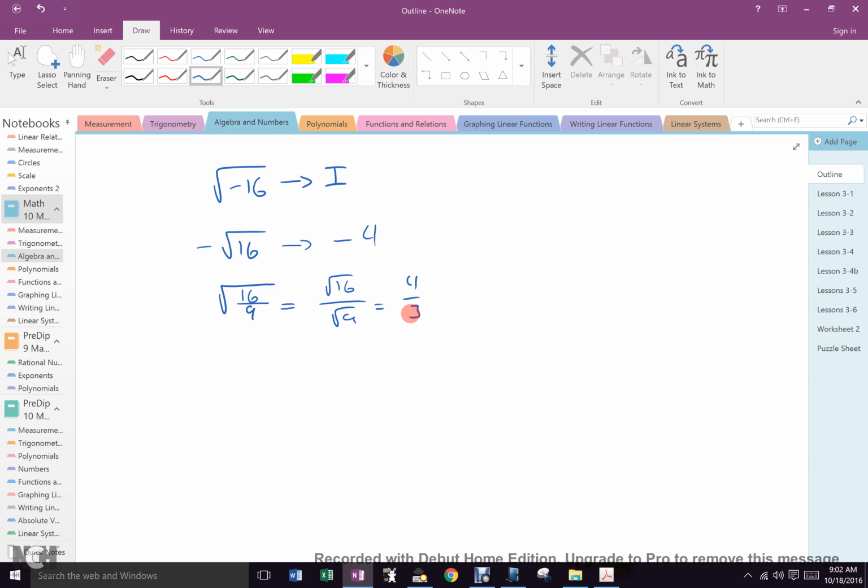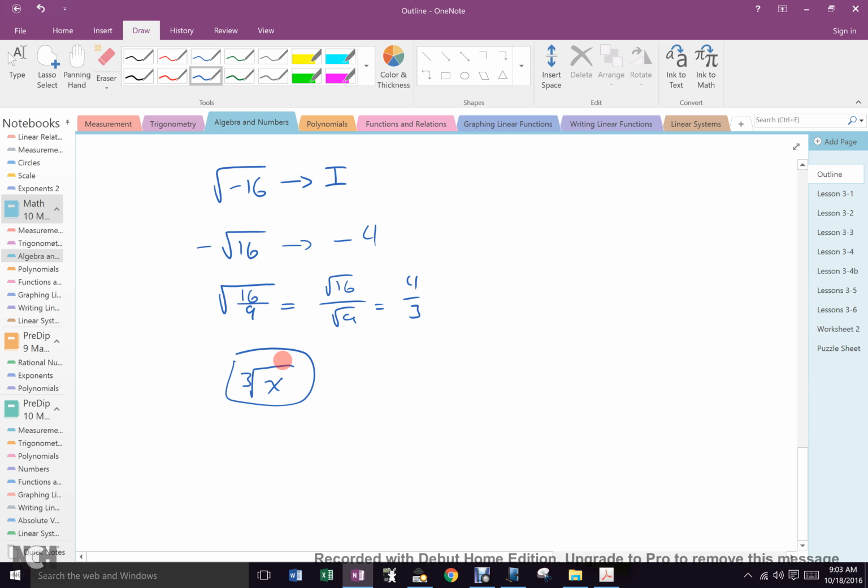So the first thing I want to do is make sure everybody knows how to do a cube root on your calculator. First of all, look on your calculator and see if you have a cube root button. Most of you do. Yeah, it's usually a shift of the square root button. So see if you can find that. And then you use that button just like you use your square root button.